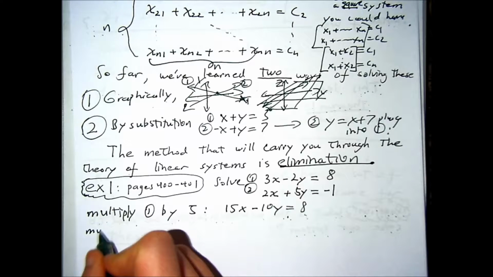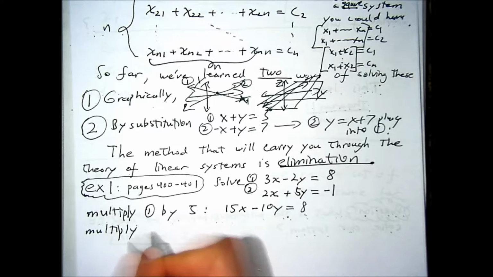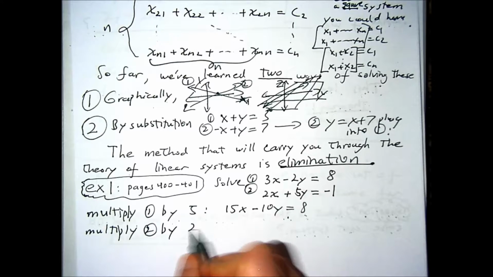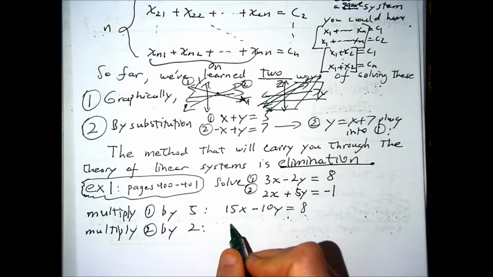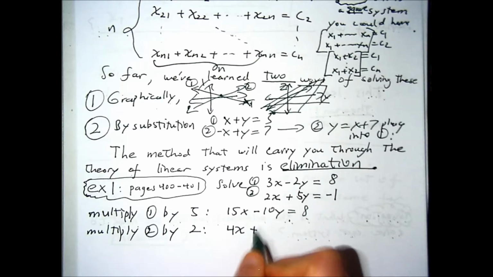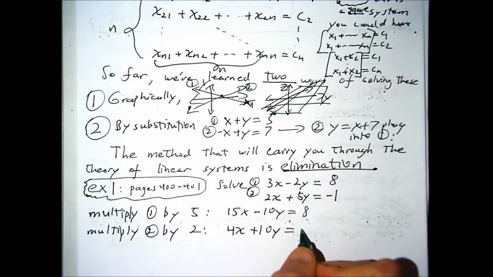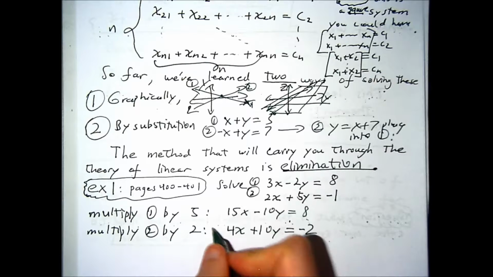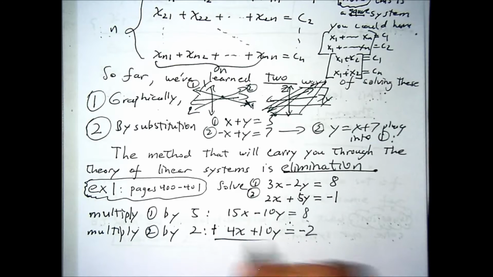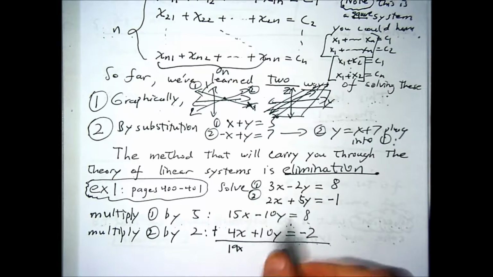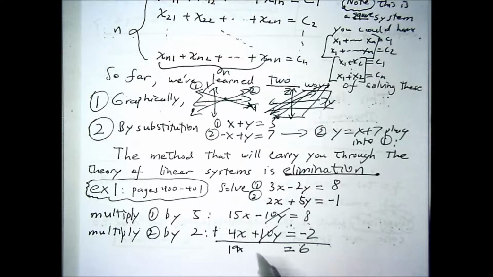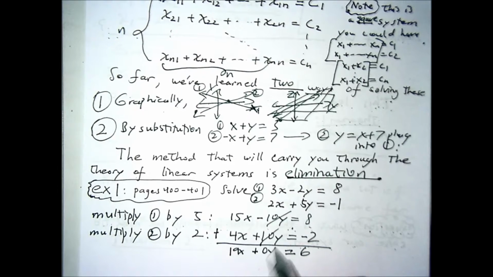And then if we multiply 2 by 2, then we get 4x plus 10y equals negative 2. And then if we add these together, we get 19x. These go away, and then this is equal to 6. So we'd say plus 0y equals 6.